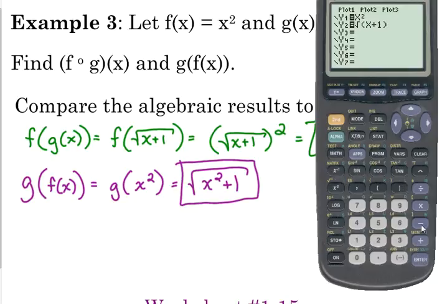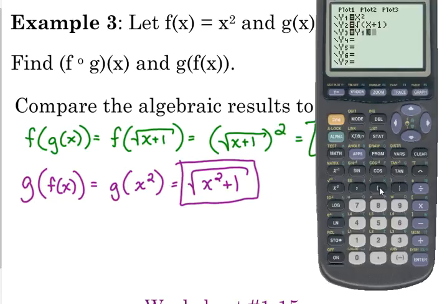And in y3, I'm going to make the calculator do the composition. The way that I'm going to do that is I go to vars, which is right beside your clear button. And I go over to yvars and press enter and press enter. So I'm doing f of g of x. So f was in y1.